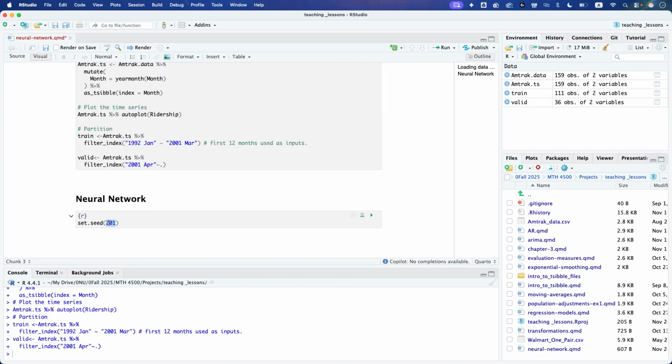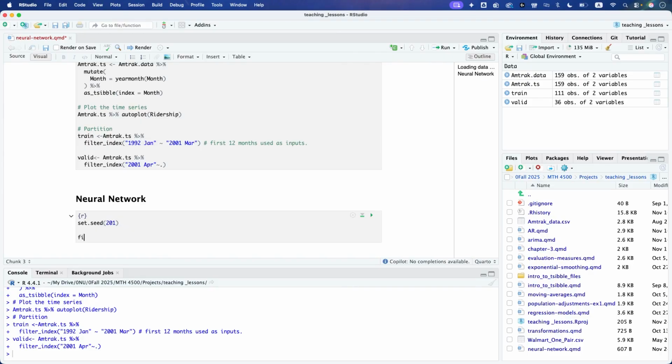So it's going to train multiple neural networks and come up with the very best one, or the average of all of the networks. So if you did not set the seed to 201, you're going to get different results than I have here. If we did not use the same seed, all of us would get different answers. Okay, I hope this is clear.